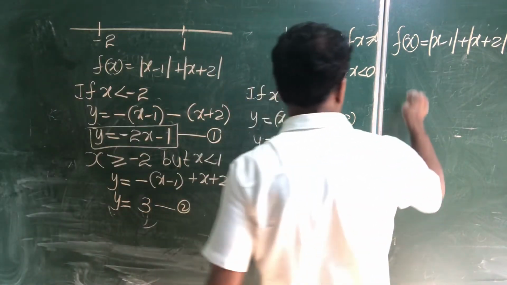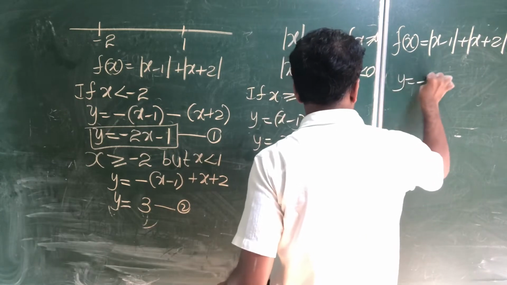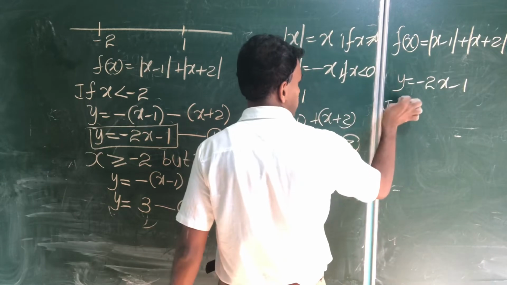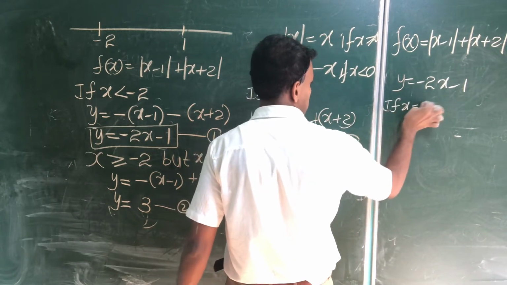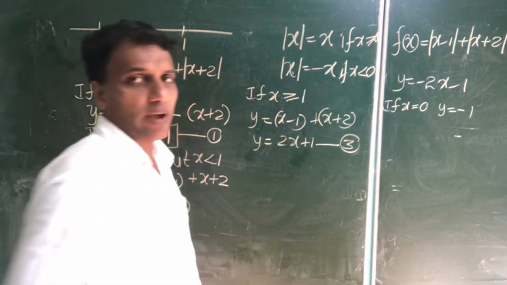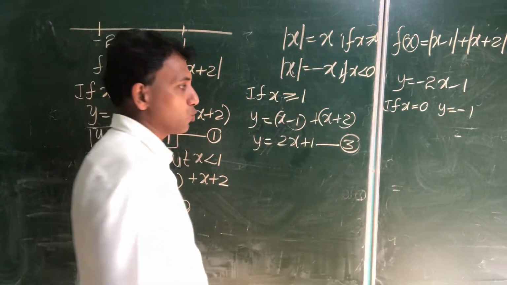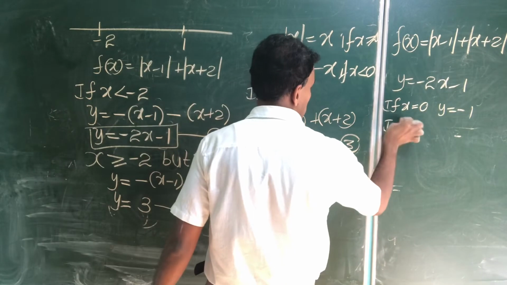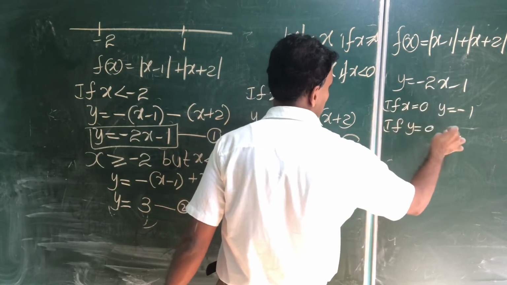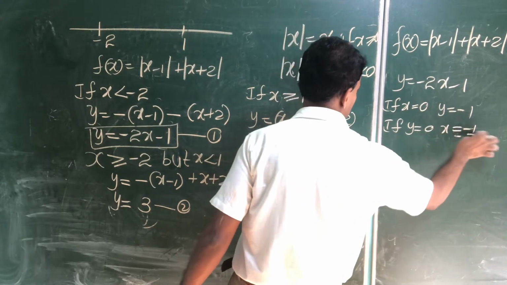So 2 graphs: y equals minus 2x minus 1. If x is 0, y equals minus 1. If y equals 0, x is minus half.